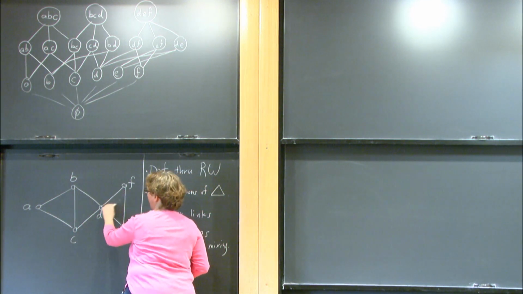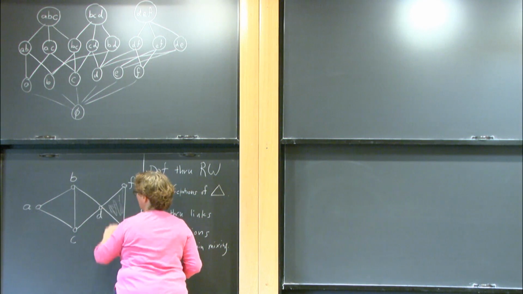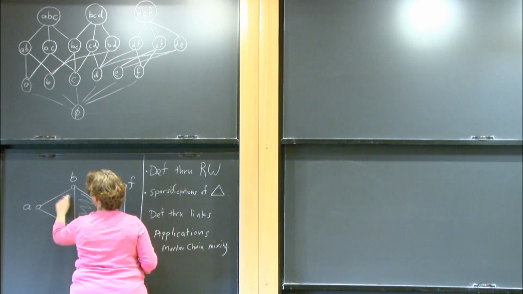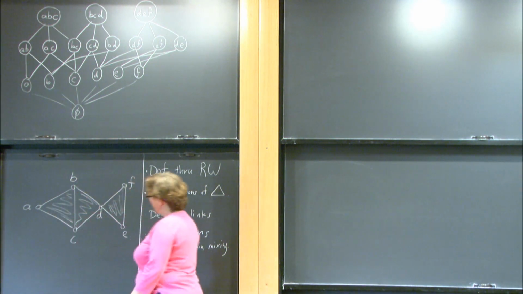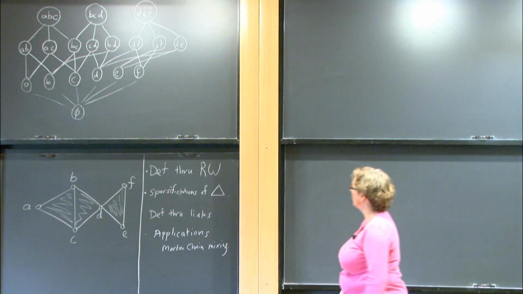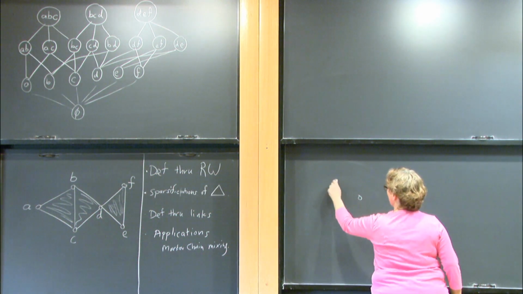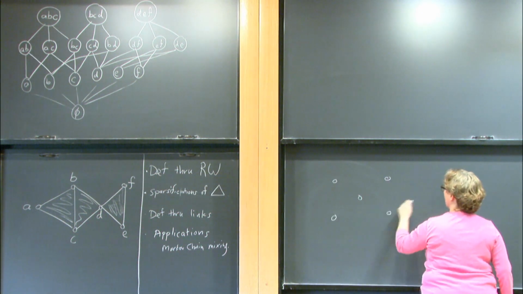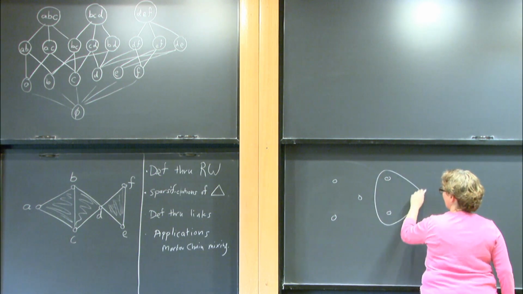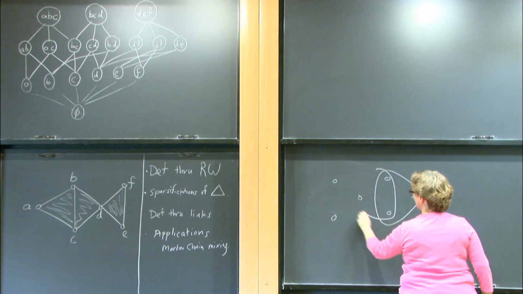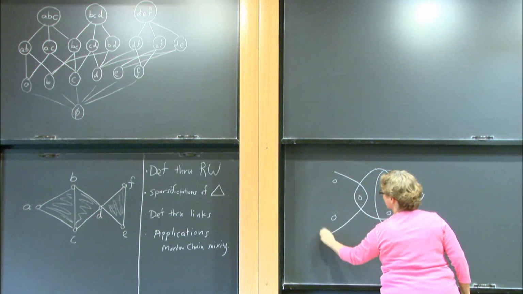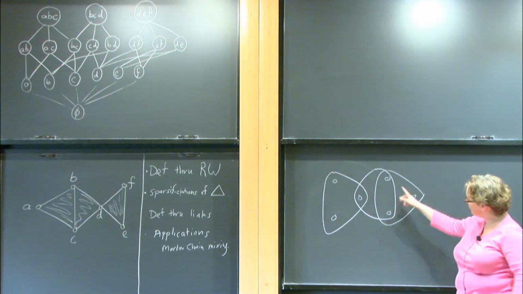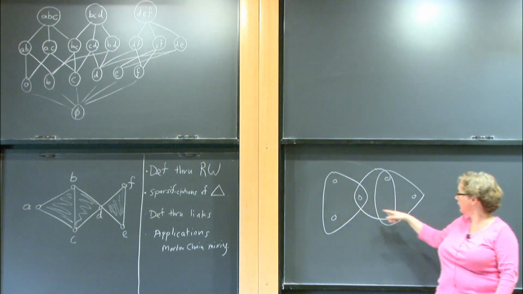So I'm thinking of this triangle as being present, this triangle as being present, and also this triangle. If I draw it again, you should think of it as if we had a hypergraph with 3 hyperedges in this example. So I had 6 vertices and 3 hyperedges.